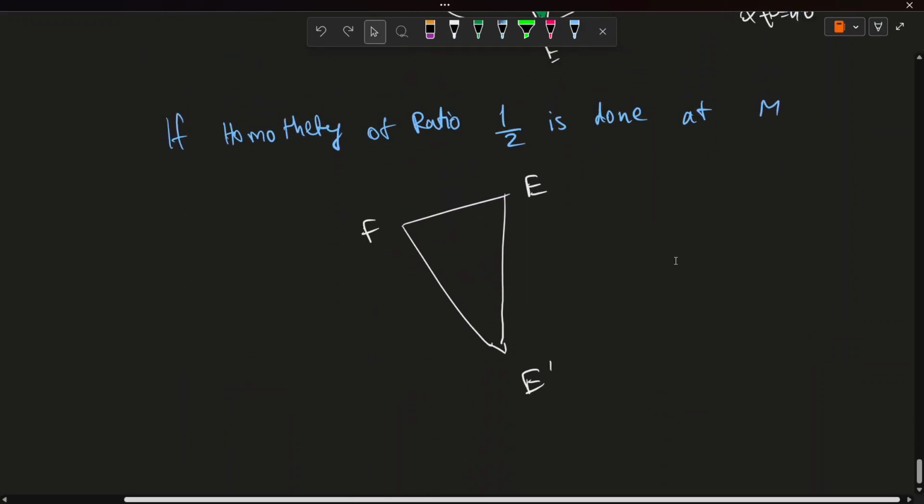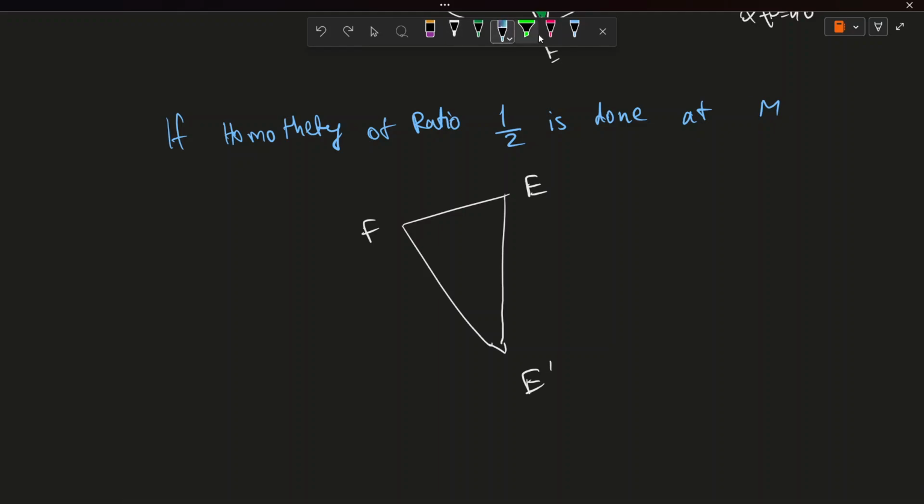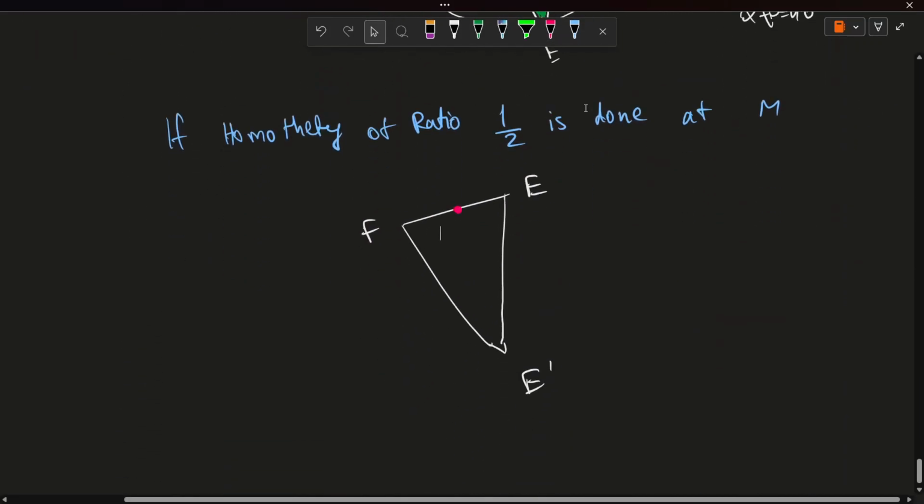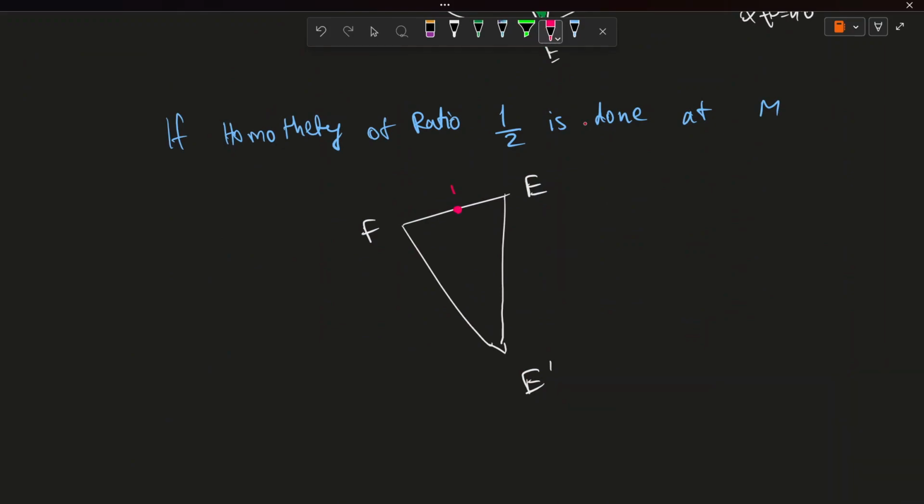If you consider a homothety of ratio half, E goes to the midpoint of FE. Suppose the midpoint of FE is M, and E dash goes to some other point, say N. So N is the midpoint of FE dash.